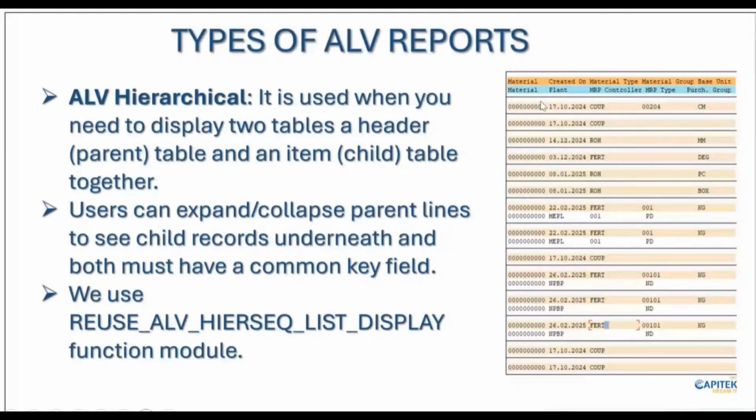Suppose you can see here on the top material, created on, material type, material group, base unit. These are all the fields associated with the parent, the data for the parent row. And at the bottom, if you see material, plant, MRP controller, MRP type, this is the other set of columns. This is for the child.